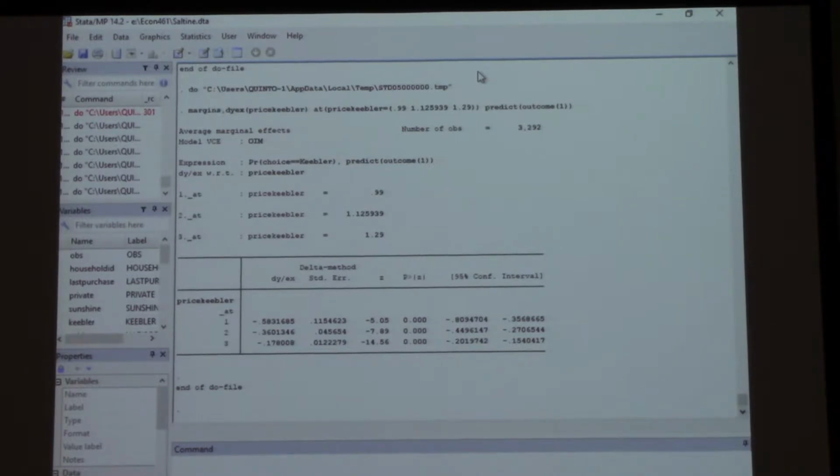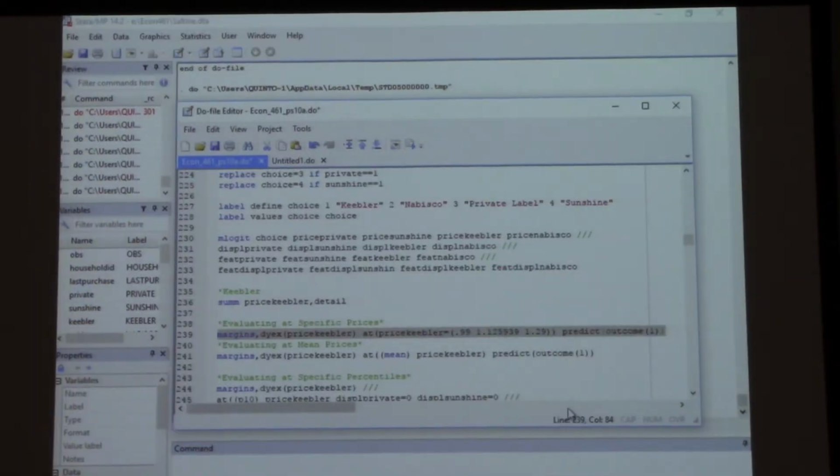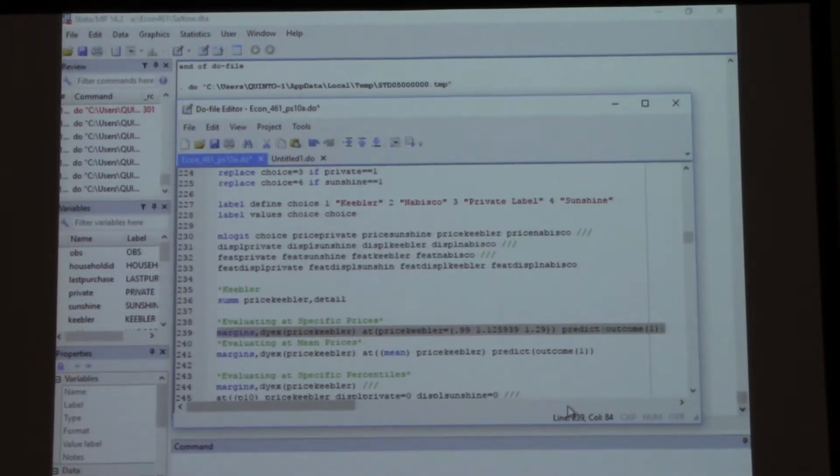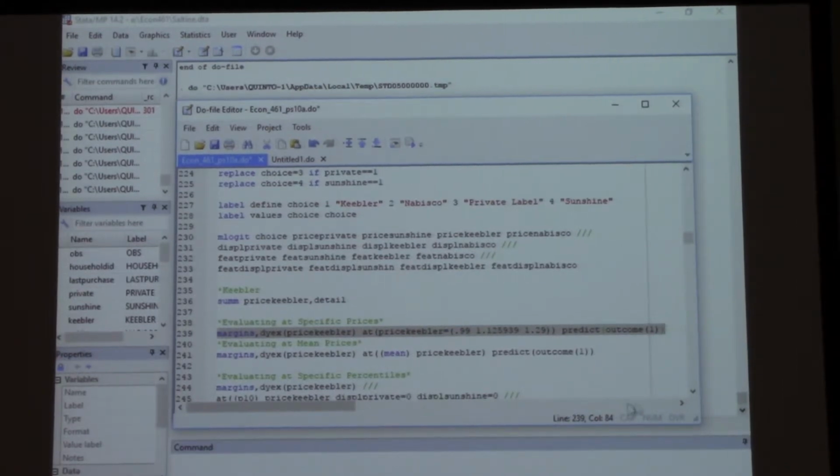And here are our quasi-elasticities. Now, one way to do this, and again, this is just fun with margins, and margins is all about the fun, by the way, is that we can literally specify at means, and it'll evaluate at the mean price.